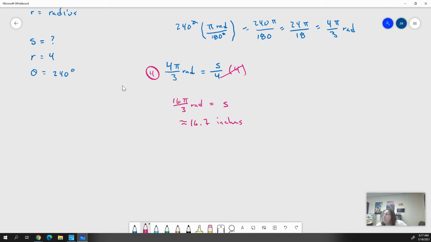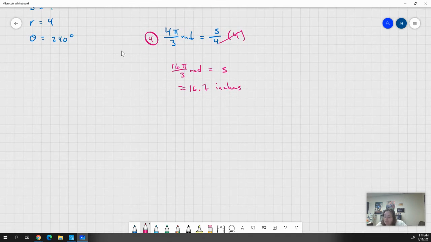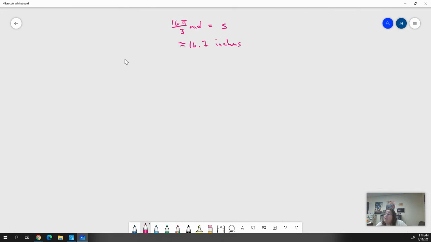The next bit that we're moving on to is linear and angular speeds. And this is where we're getting into the actual wordiness of these problems. We have 2 different formulas, talking linear and angular speeds.